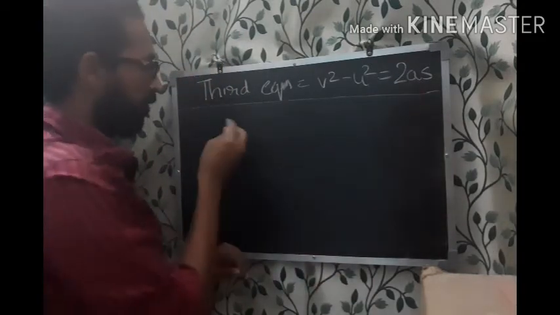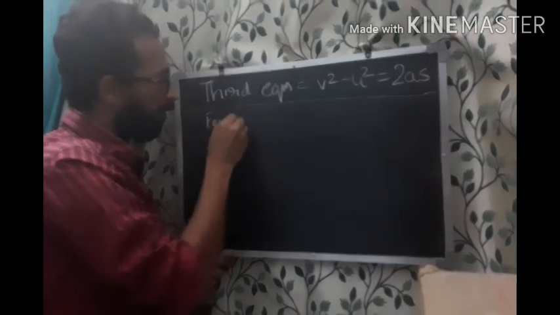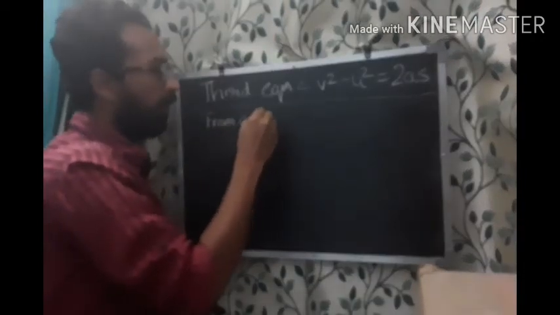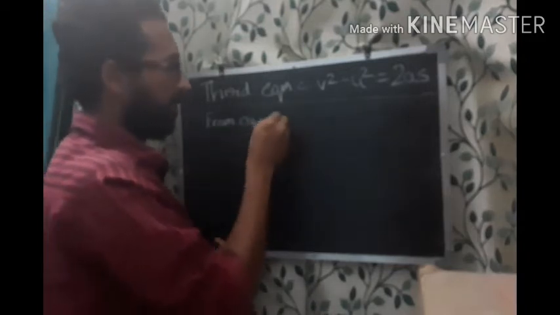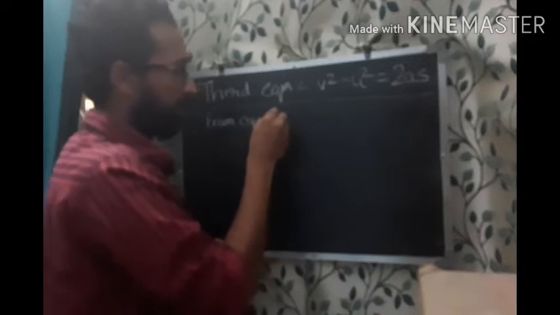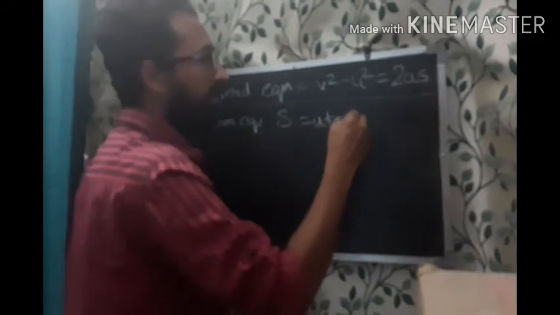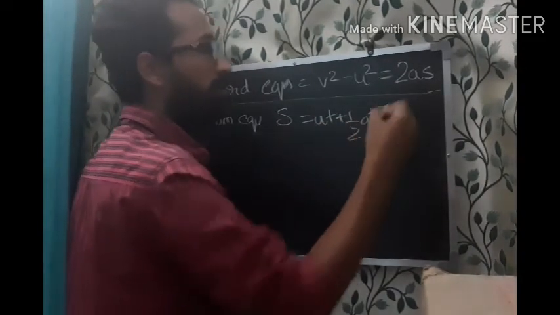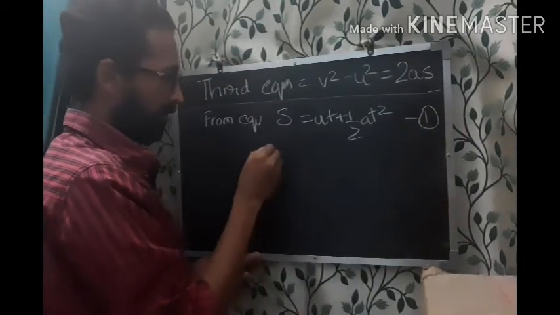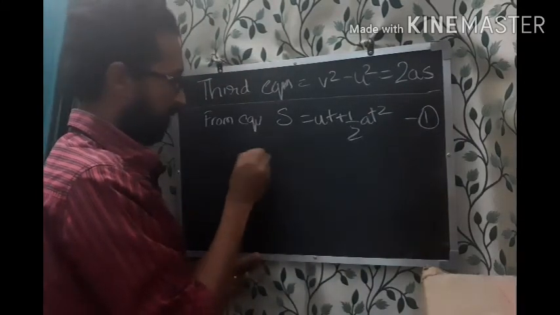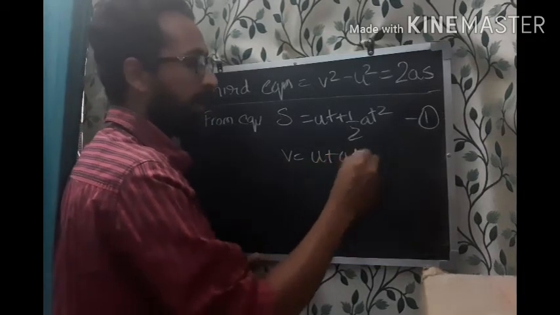So from equation of motion first and second, we can write S is equal to ut plus half at square. I'll mark this as first, and second is v is equal to u plus at.